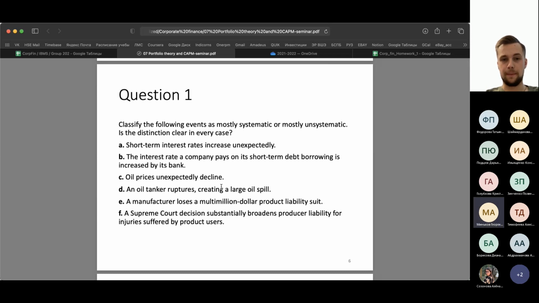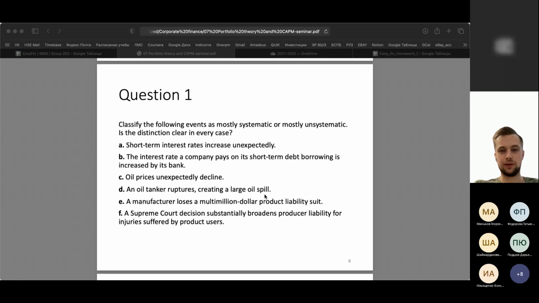So am I to go to the next letter? Or yeah, actually, when we're talking about systematic or unsystematic, we are not talking about how much they are expected or unexpected. Yes, risks are always unexpected. And some of them can be forecasted, some of them are hard to forecast.